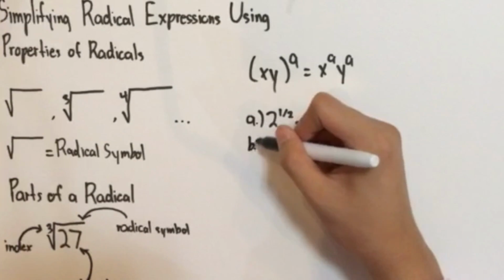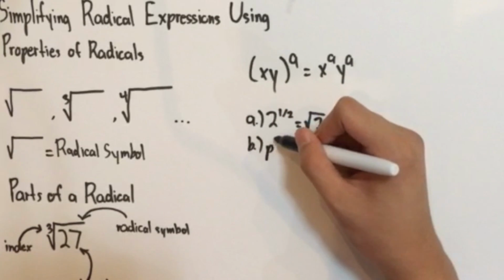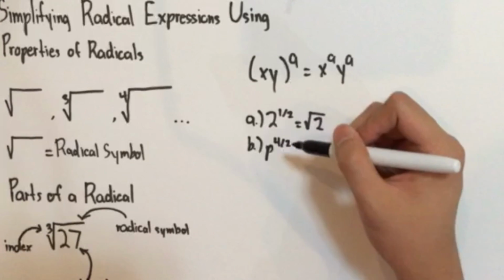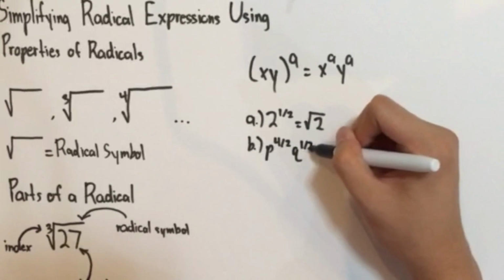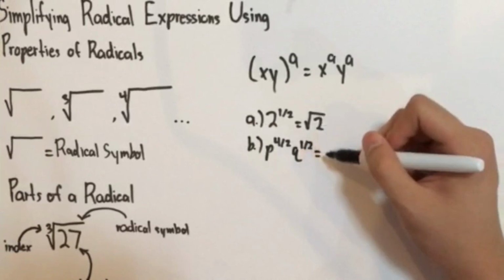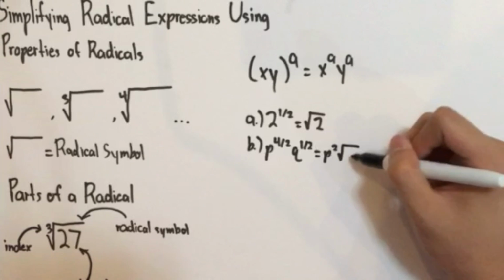Another example is p raised to 4/2 times q raised to 1/2, which is equal to p squared square root of q.